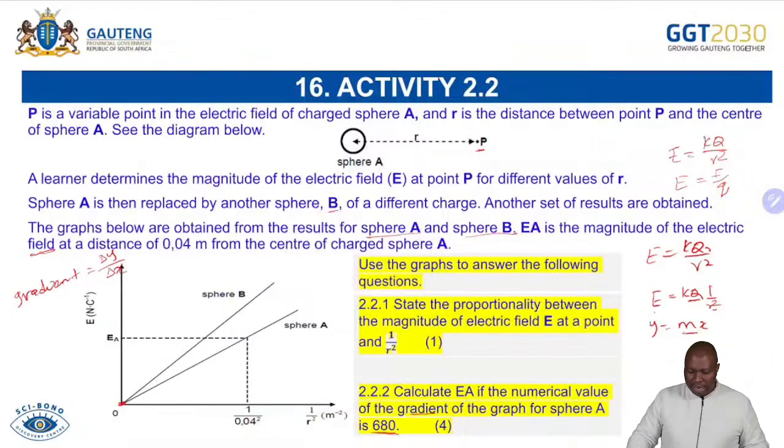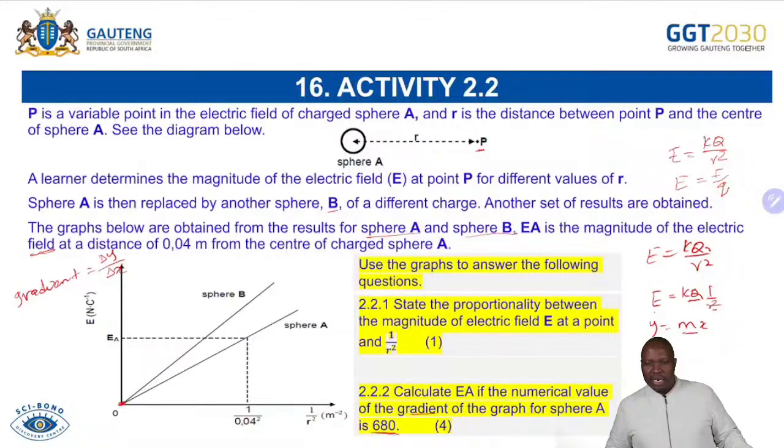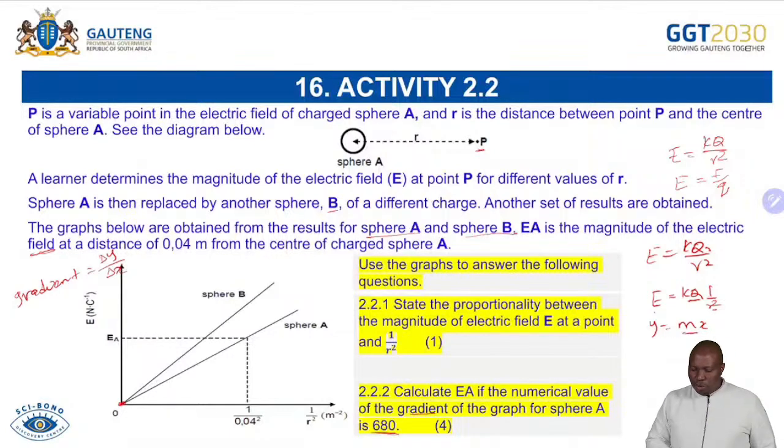Welcome back. I hope you enjoyed your calculation, that includes the calculation of EA using the gradient. For your change in y, you will have said, okay, your gradient is that. And remember, your gradient you are given as 680.